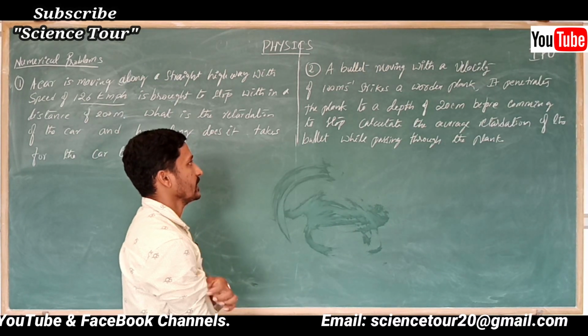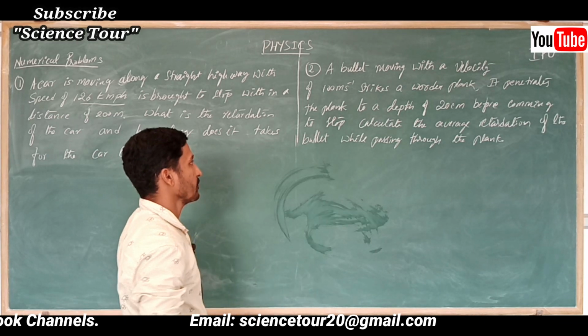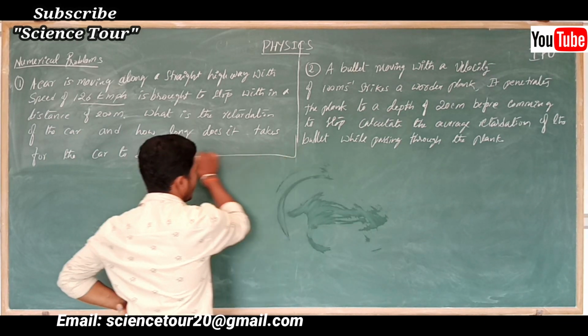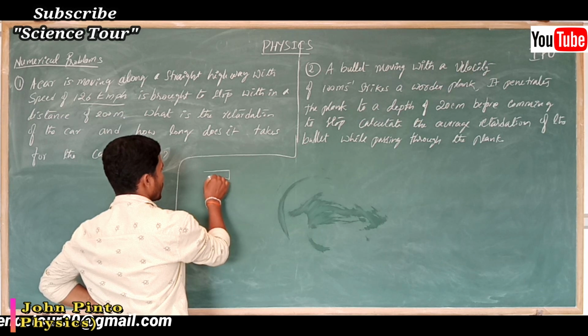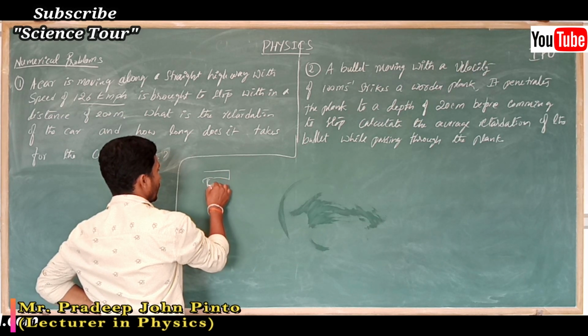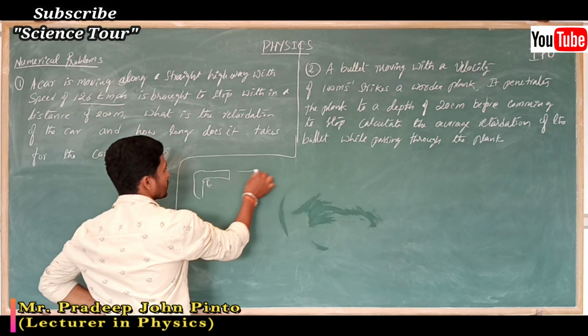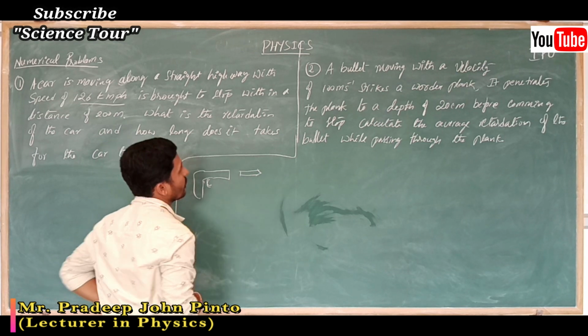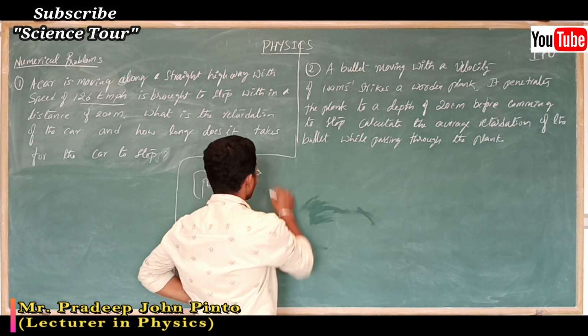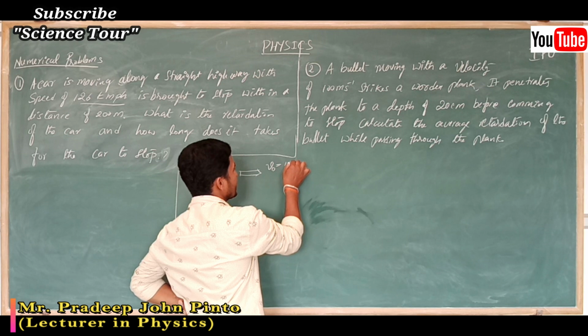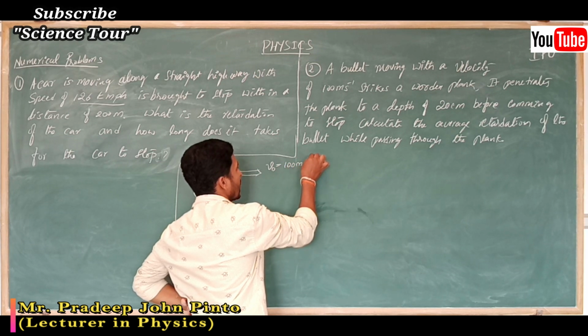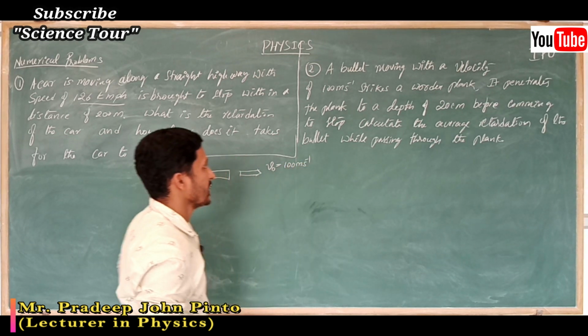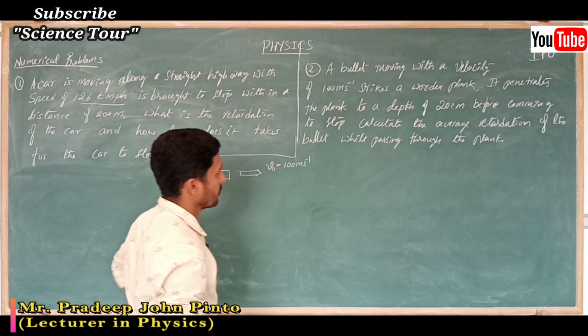A bullet is moving with a velocity of 100 meter per second, a bullet which is shot from a gun, right? Already it has a velocity, that is 100 meter per second, and strikes a wooden plank.